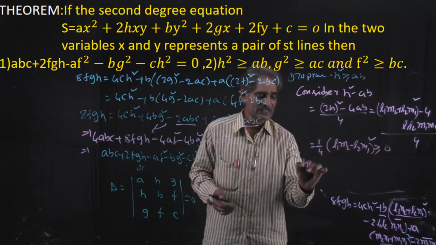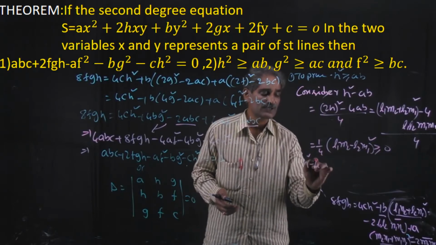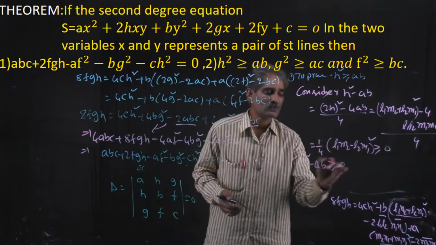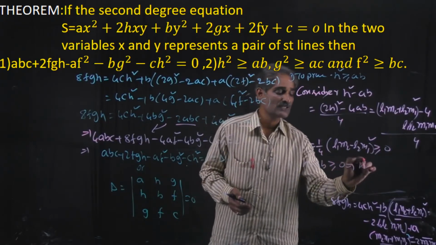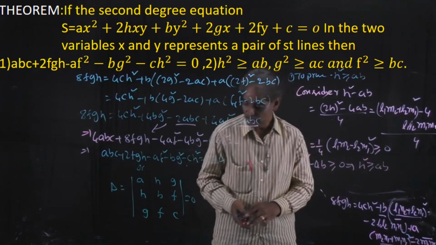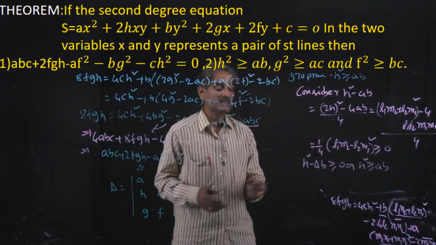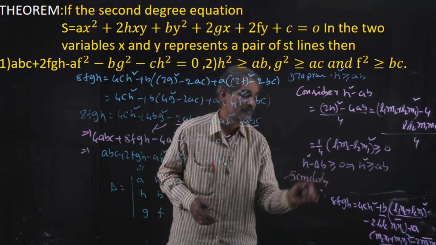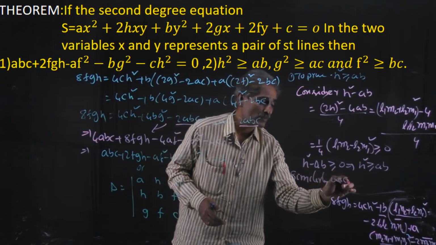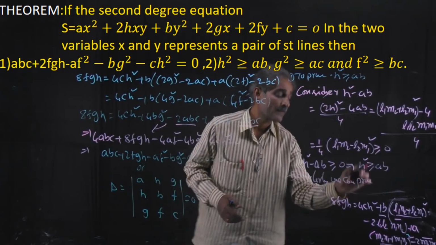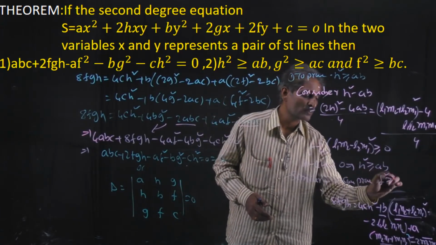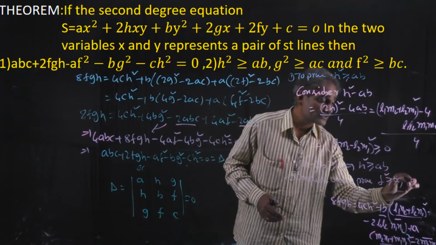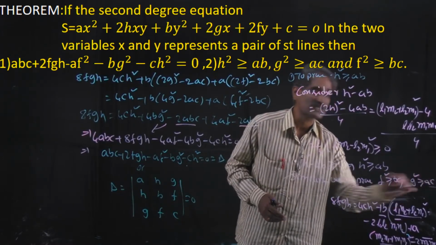That means H square minus AB is greater than or equal to 0. This implies H square is greater than or equal to AB. Similarly, we can prove F square greater than or equal to BC and G square greater than or equal to AC also.